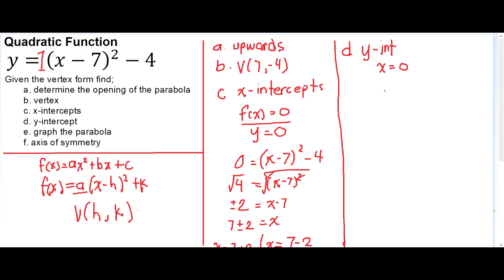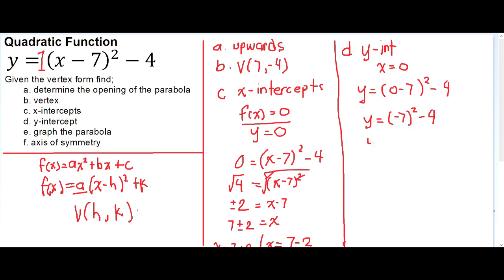So, sa y naman, papalitan mo lang si x ng 0. So, substitute na naman, meron kang y now is equal to 0 minus 7 square minus 4. So, you have y now is equal to negative 7 square minus 4.